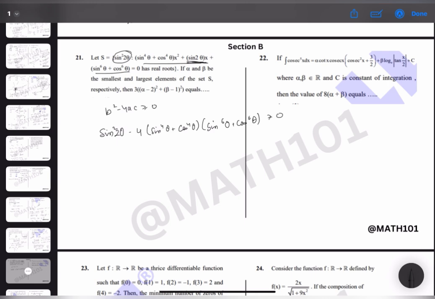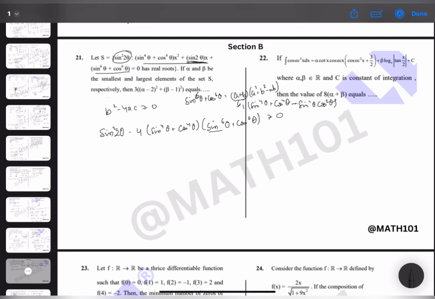Okay, now we have sine square theta, this is a cube plus b cube, which is a plus b into a square plus b square minus ab, where a is sine square theta, b is cos square theta. So a plus b will become 1. We are left with sine to the power 4 theta plus cos to the power 4 theta minus sine square theta cos square theta.